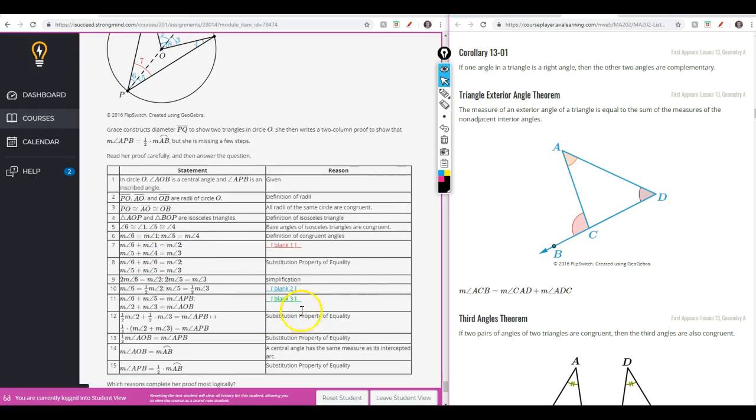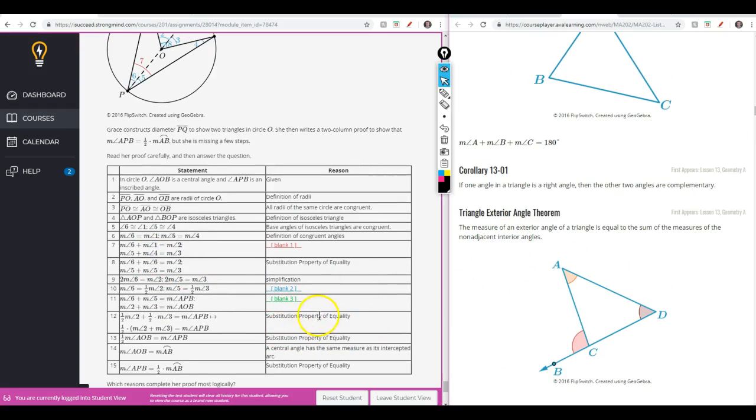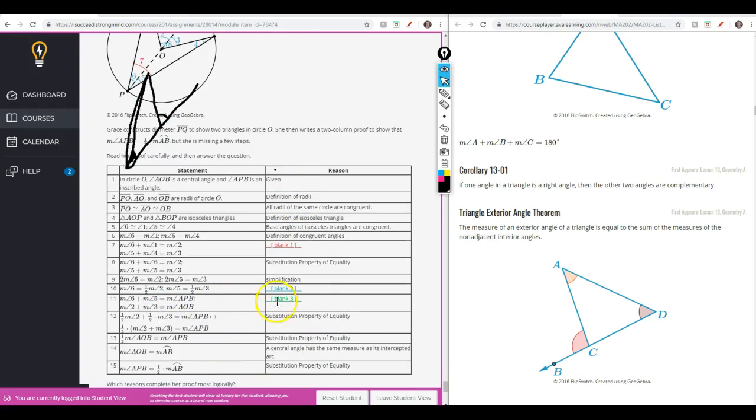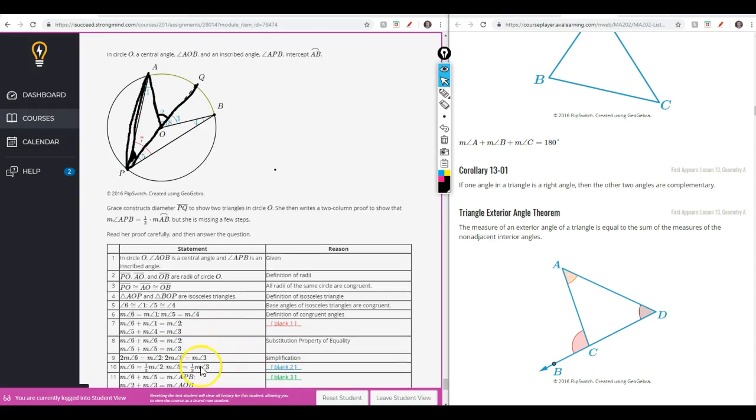Blank 2. Let's see if we can see what the measure of angle 6 is equal to 1/2 the measure of angle 2. So the measure of angle 6, again, I'm just trying to outline this so that we can more clearly see it. So angle 6 is right here. It's saying it's equal to 1/2 of the angle of 2. Let's see what happened before that.